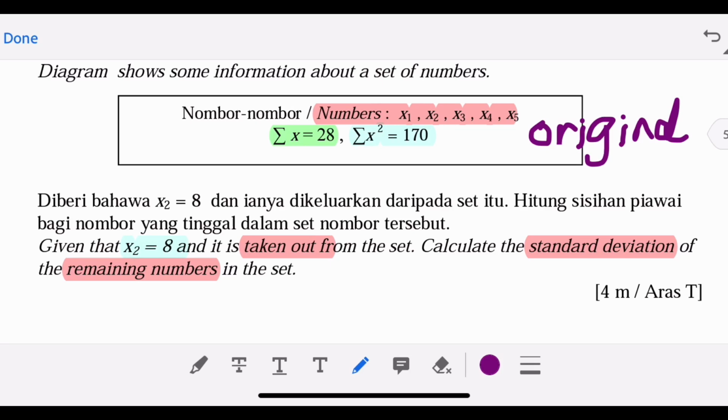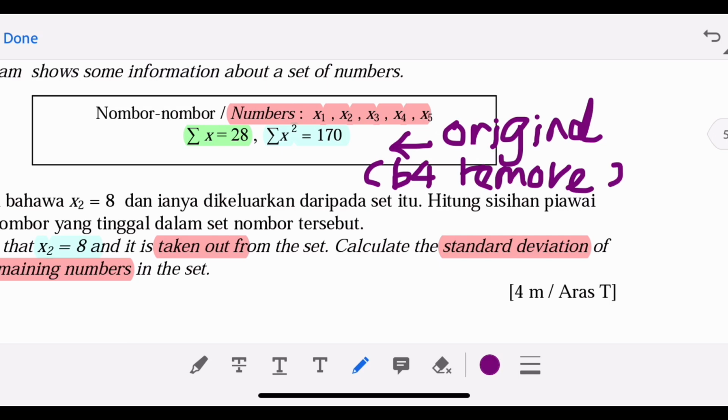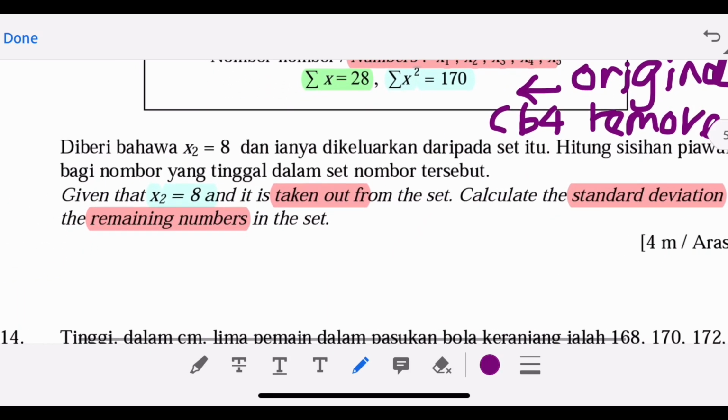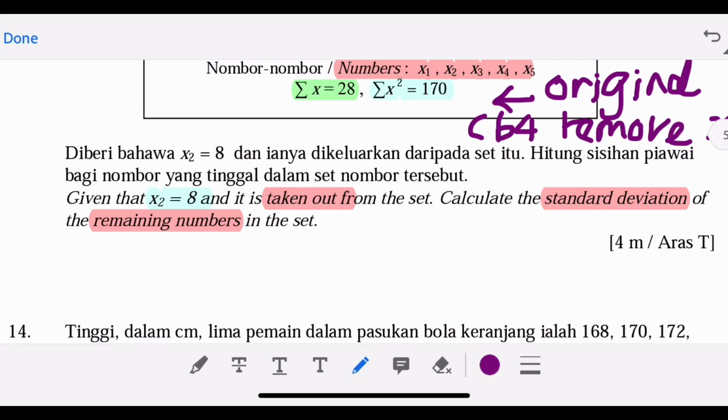Originally you have two versions. One is the original, before you remove the 8. When you remove the 8, it becomes 4 data, right? Before that you have 5 data, so the sum of data is 28, right? After you remove the 8, the sum of the data will be less 8, so you take 28 minus 8.